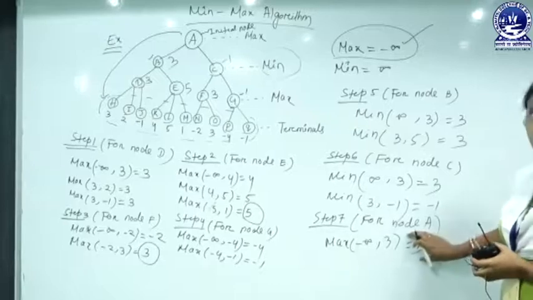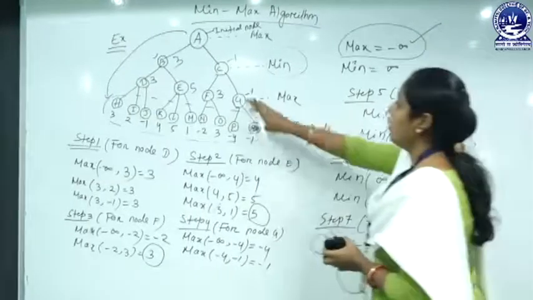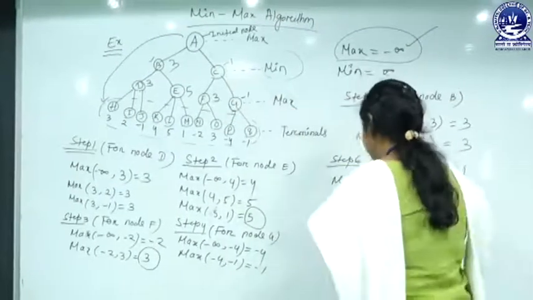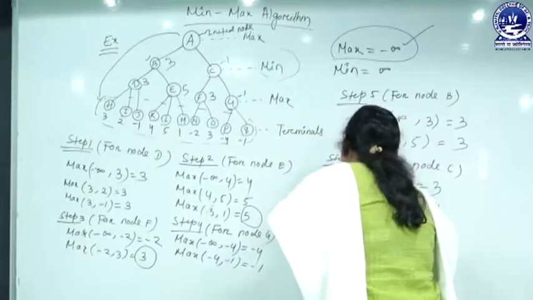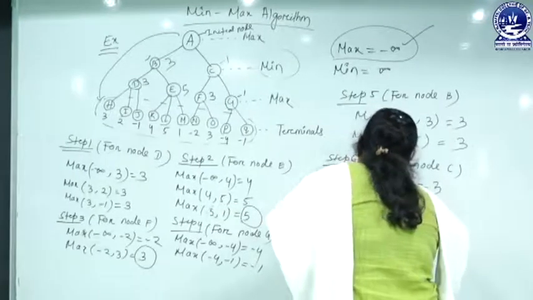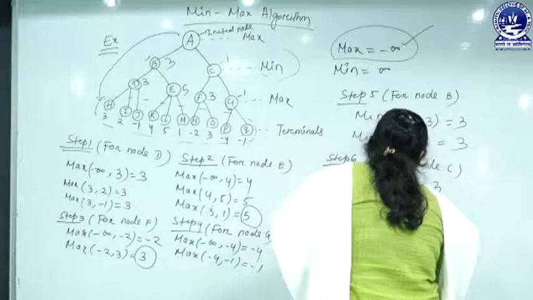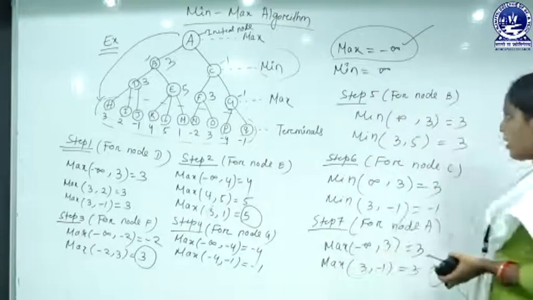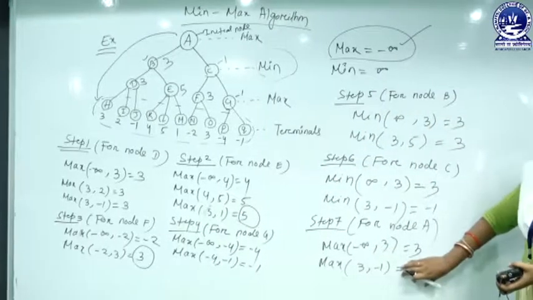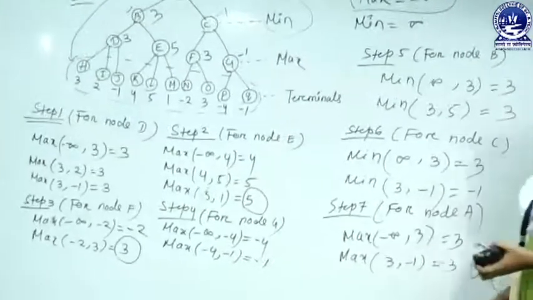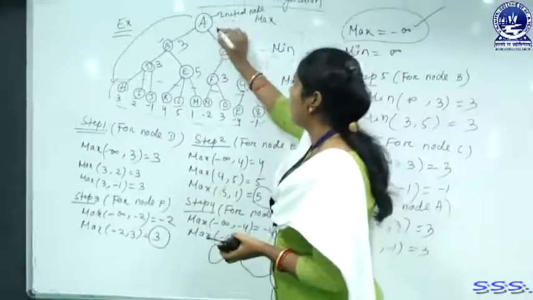Again we compare this value with the -1, that is max of 3, -1, which is 3. Now this 3 is our utility value for node A.